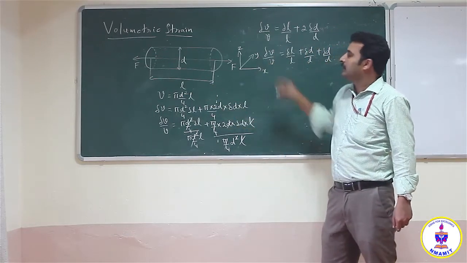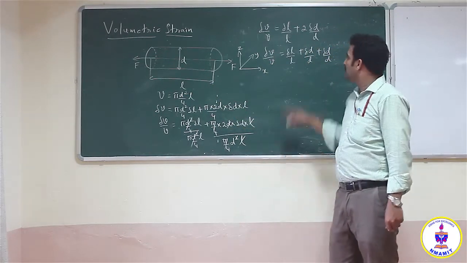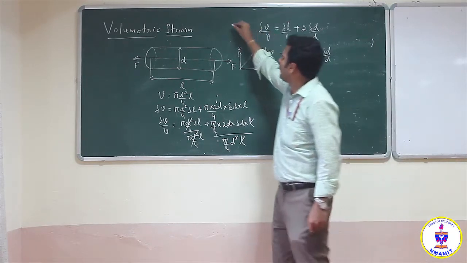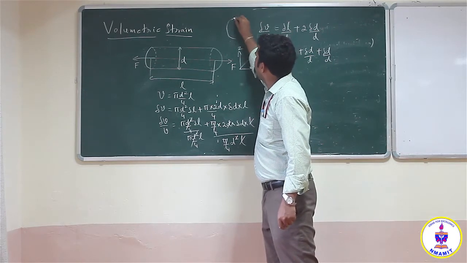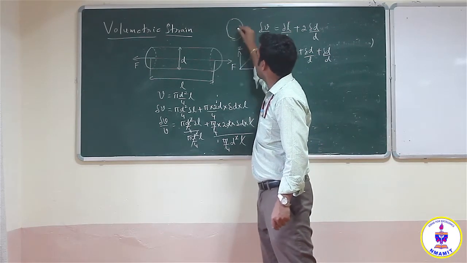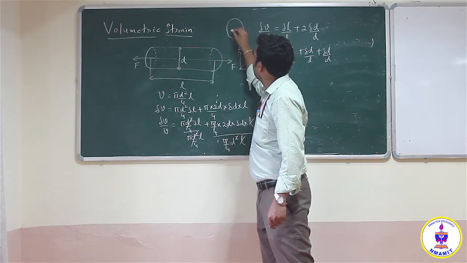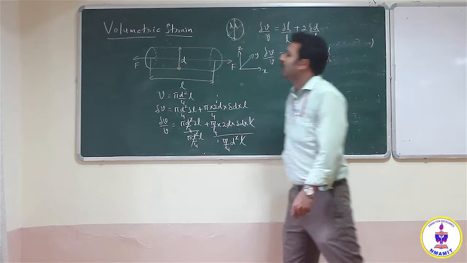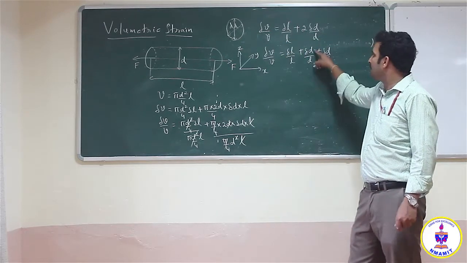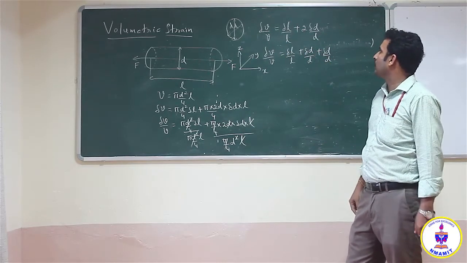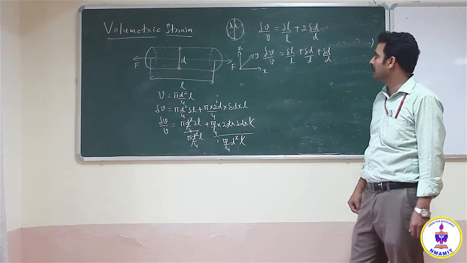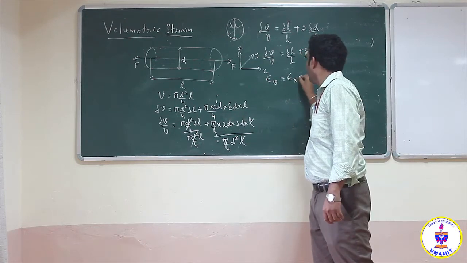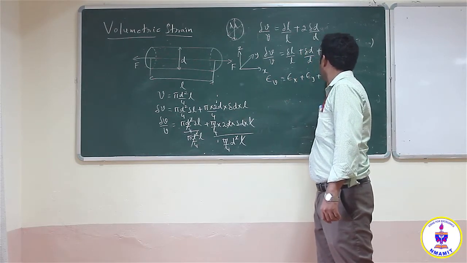Along width there is a change in the diameter, and along depth also there is a change in diameter, because the cylindrical cross section is a circle, so along the width it is diameter, and along the depth also it is diameter. So along the width the change is delta D by D, along the depth also the change is delta D by D. So we can write this as epsilon V equal to epsilon x plus epsilon y plus epsilon z.